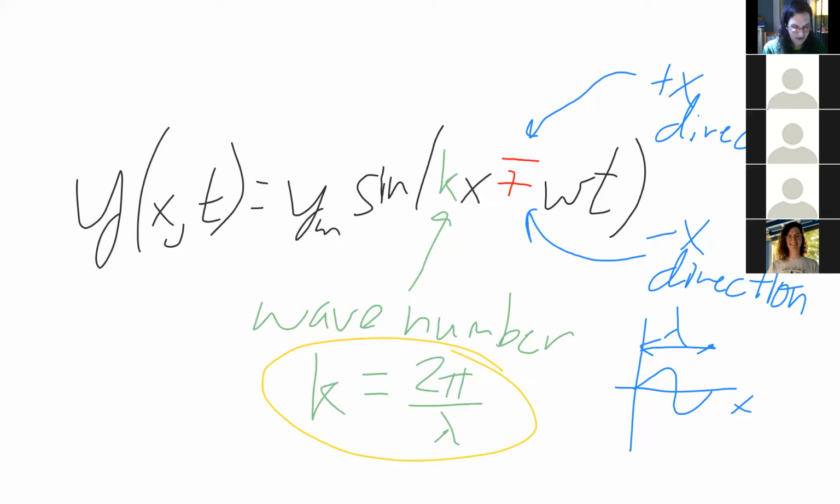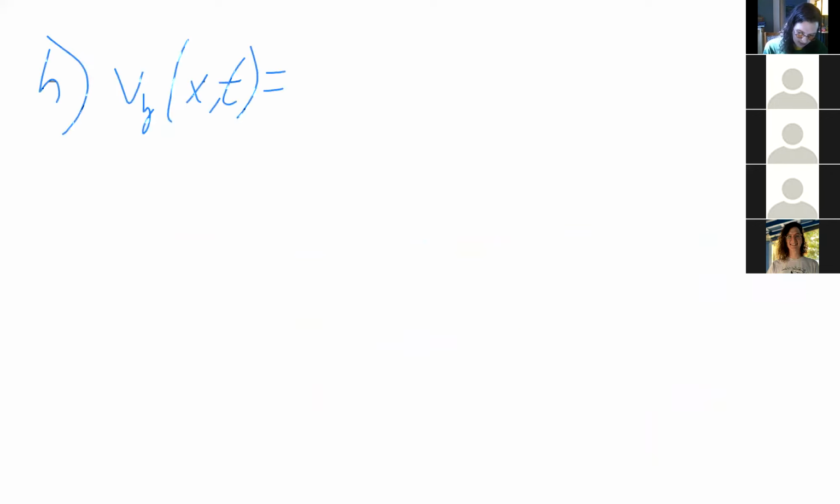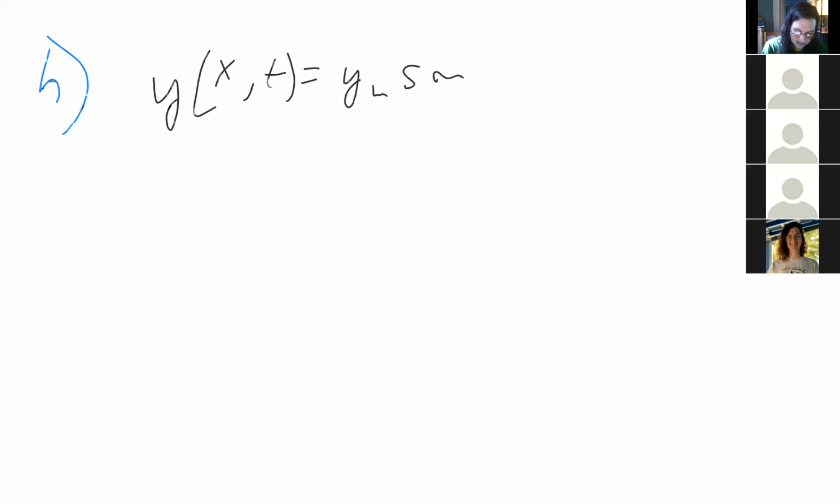I know it's very hand wavy, but I should write down our equation first as it stands right now. Our equation is y of x comma t is equal to y max times the sine of kx minus omega t plus pi.